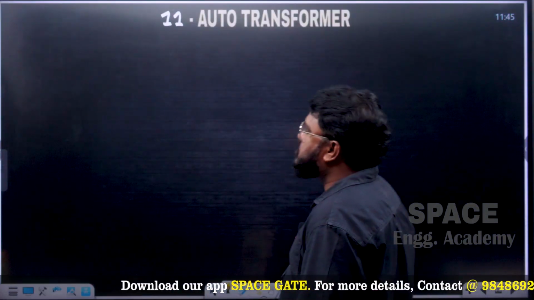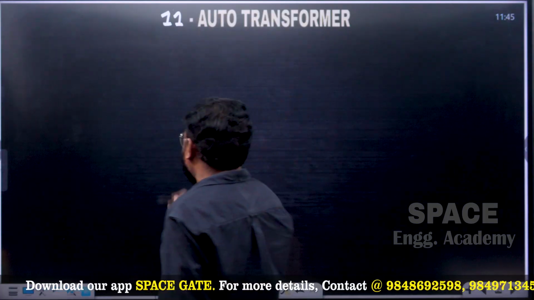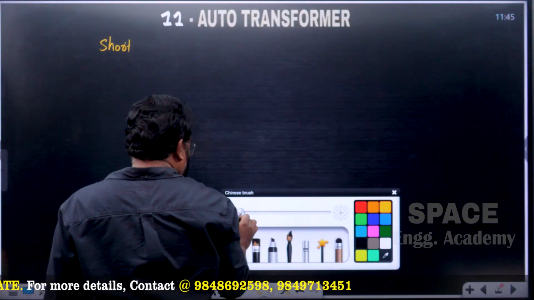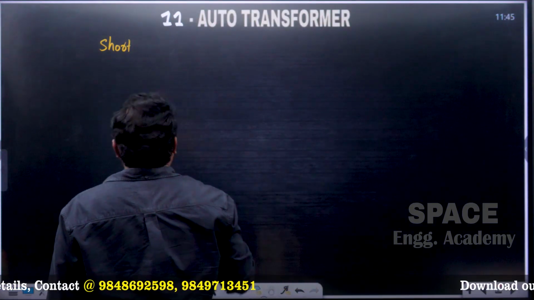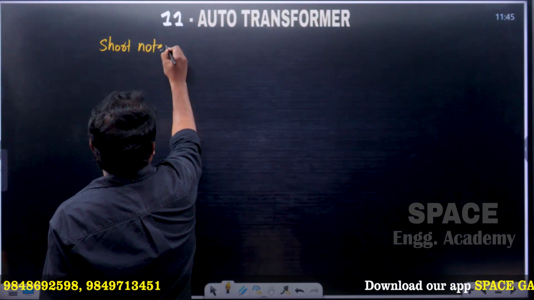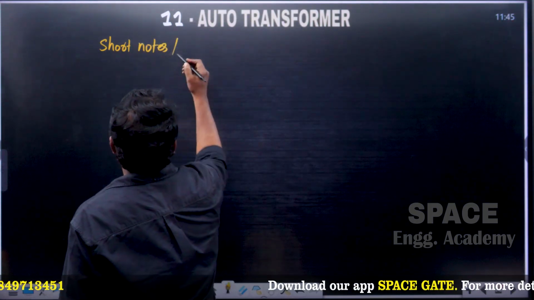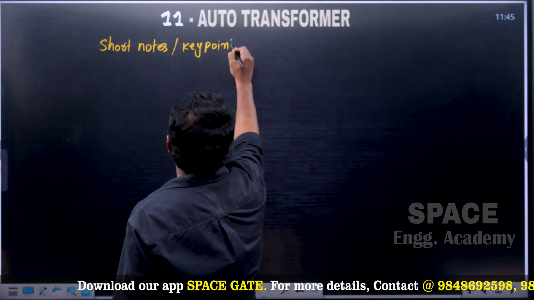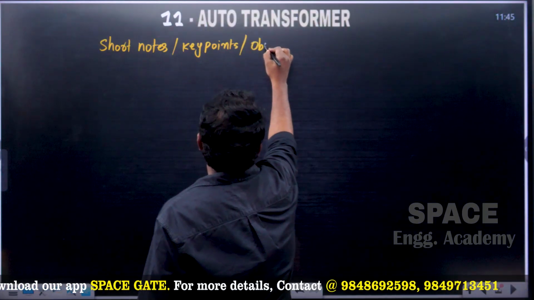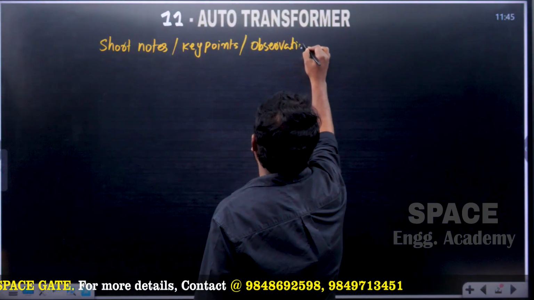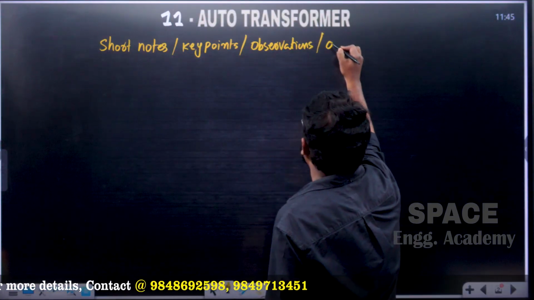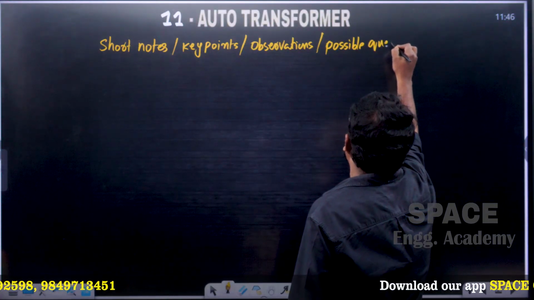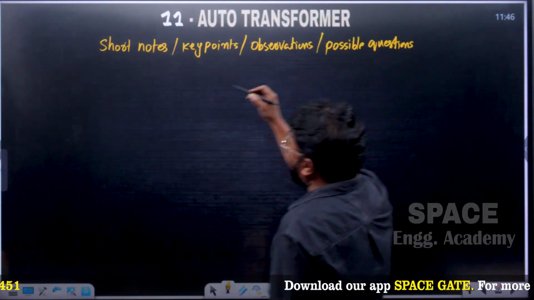First, short notes from the auto transformer. Short notes from auto transformer are also called key points from auto transformer, or observations from auto transformers, or possible questions from the auto transformers part.